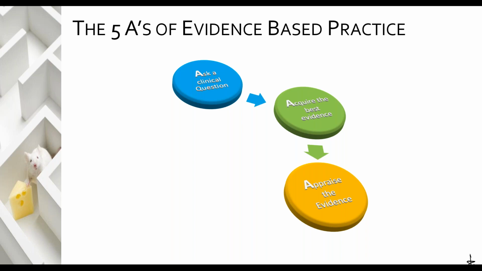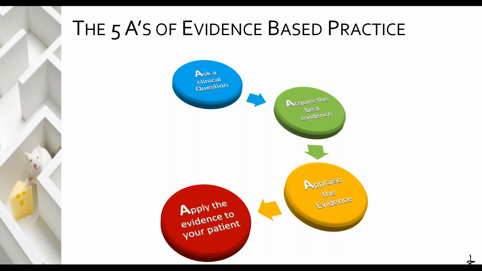Is it really compelling? Or is it very weak and we don't know where the benefit is? So the third step is appraising the evidence. So you go from asking the question, taking the question and looking for the evidence, getting the studies, then reading the studies and appraising them, and then you apply this to your patient.